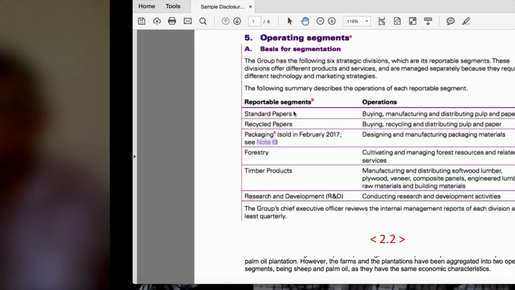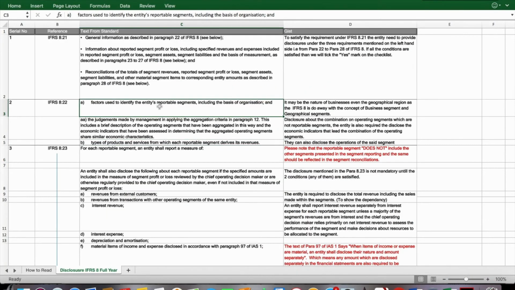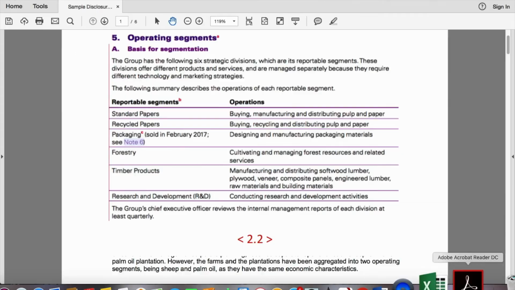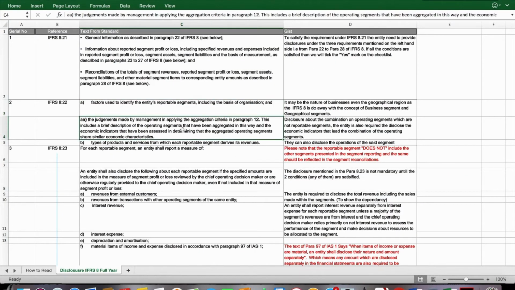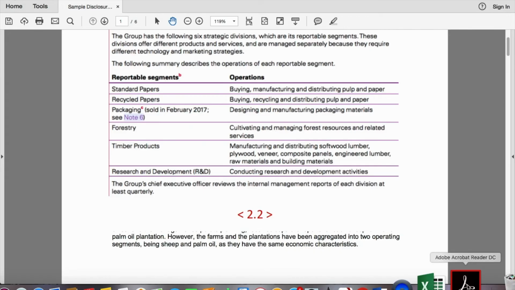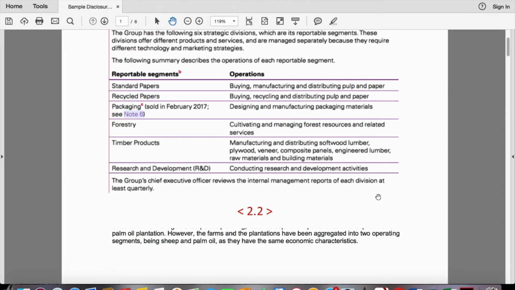So we are complying with this requirement, how you identify the segments and what factors you took into consideration. We took technology, marketing strategy, and the different products and services into consideration to determine the reportable segments.